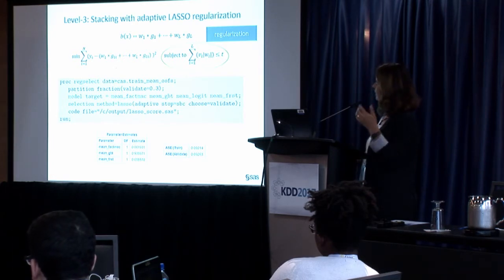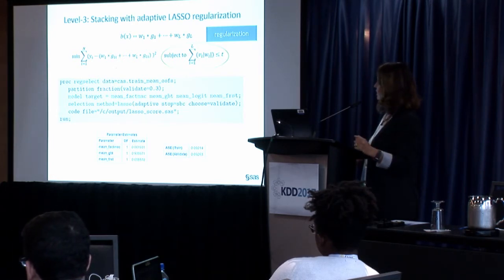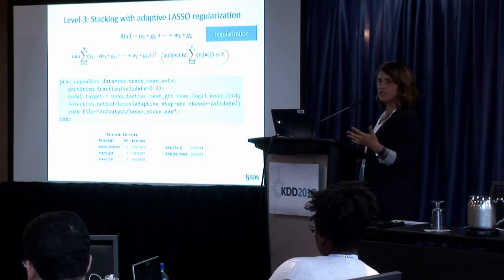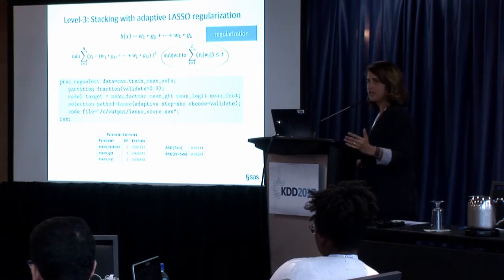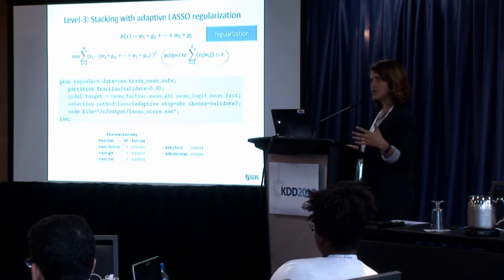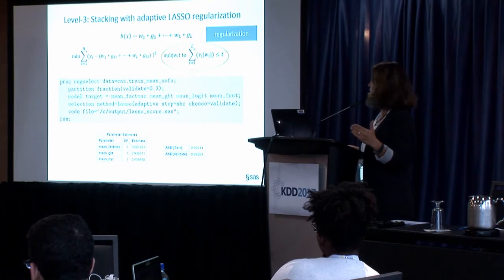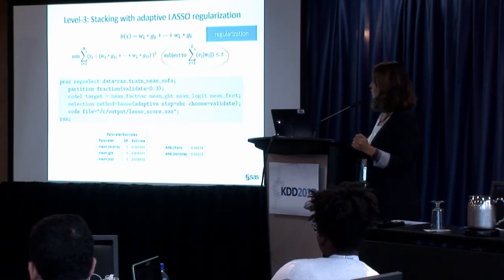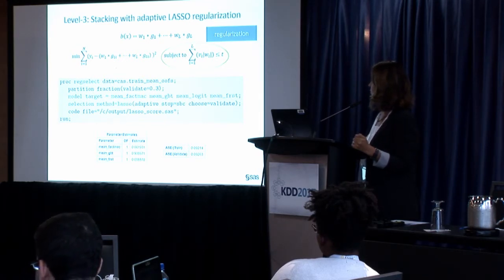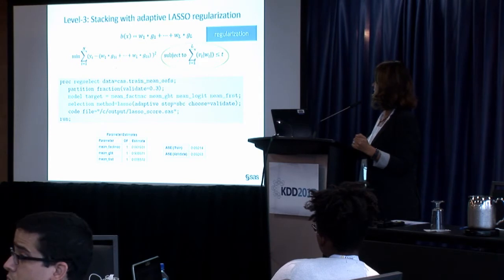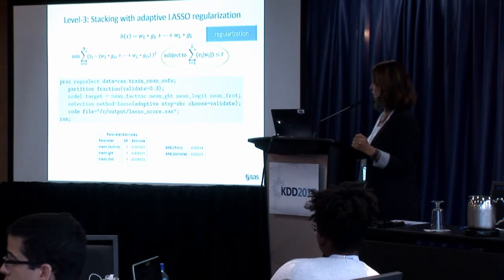Here we have this REGSELECT procedure. In SAS, we have a lot of procedures that are kind of wrappers on different functions, like CAS actions that we have. You have a model statement that defines your target, and these are my input variables here. I'm using lasso selection, and I'm using some different criteria to choose a different model.